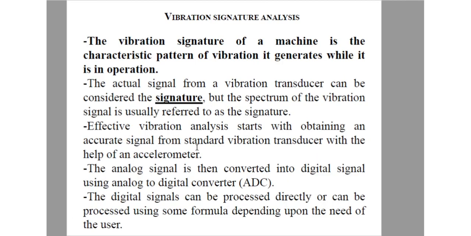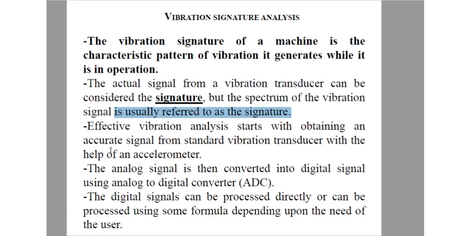We are interested in vibration signature analysis, and the vibration signature of a machine is the characteristic pattern of vibration it generates while in operation. The actual signal from the vibration transducer can be considered the signature, but the spectrum of the vibration signal is usually referred to as the signature.